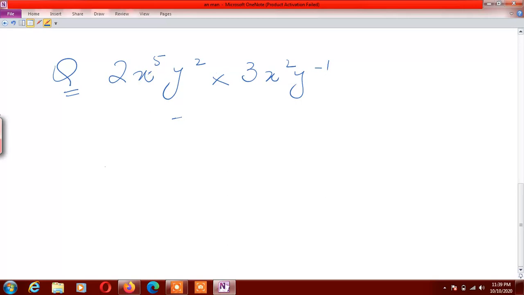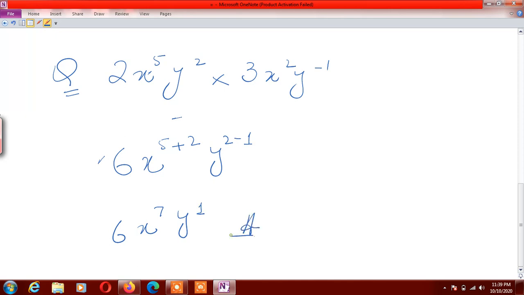So first we'll multiply the coefficients as normal. 2 times 3 is 6, and x and x bases are the same, so we'll add their powers, like 5 plus 2. And y squared multiplied by y power minus 1 gives 2 plus minus 1. So the answer is 6x power 5 plus 2, which is 7, y power 2 minus 1, which is 1. I hope this is clear.